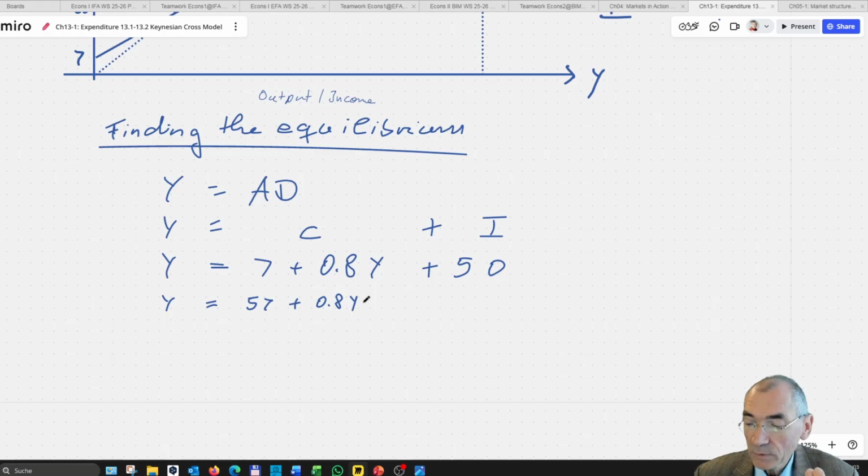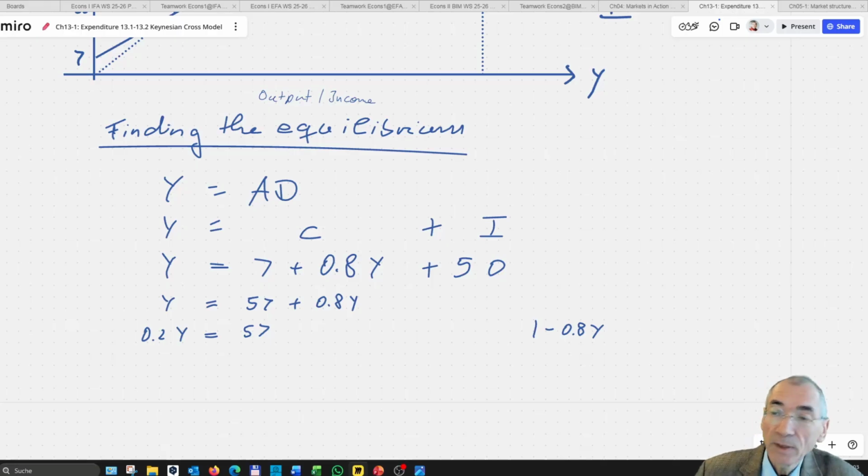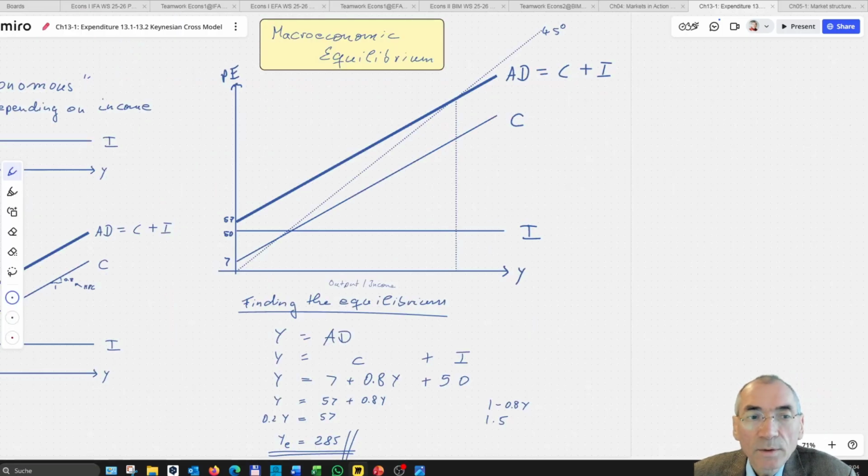Now we bring this 0.8y to the left-hand side by subtracting 0.8y, and that leaves us 0.2y on the left-hand side. Then we multiply both sides by 5, so we have y alone on the left-hand side, and we have to take 57 times 5, and that gives 285. These 285, this is the value where the two intersect, or more concretely, the value of y down here.